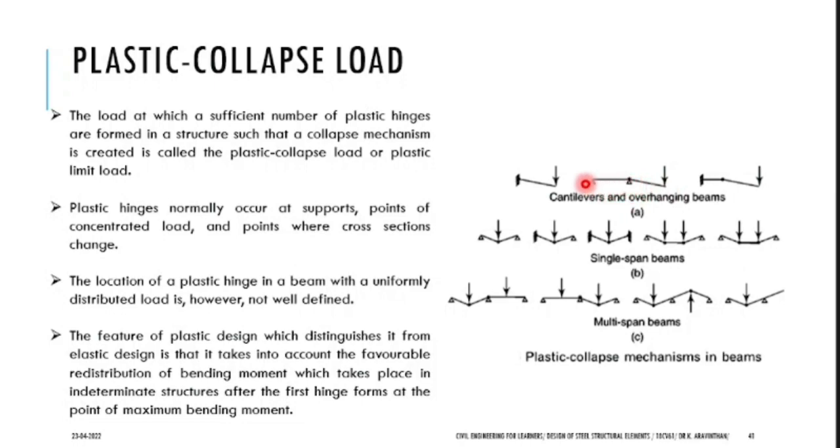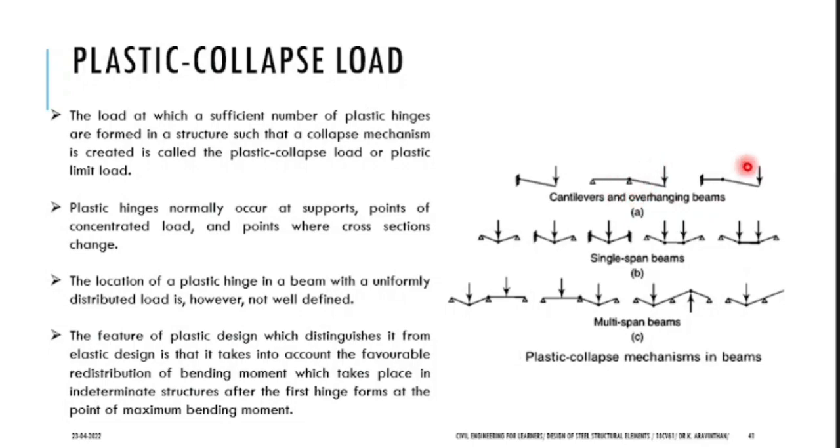Why is it not happening here? Since this is a simply supported or hinged joint, you will have zero moment at one point. Only at the other point will you have the moment, that is the negative moment. So this point takes the load. Only one support will take the hinge. This support is going to take the hinge.